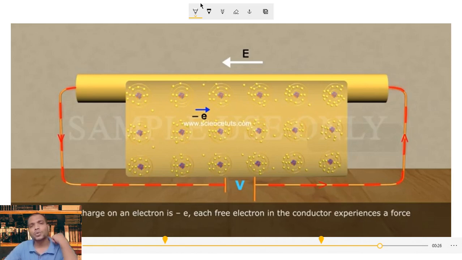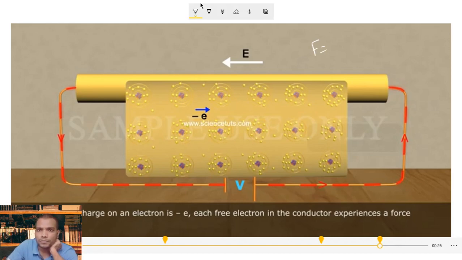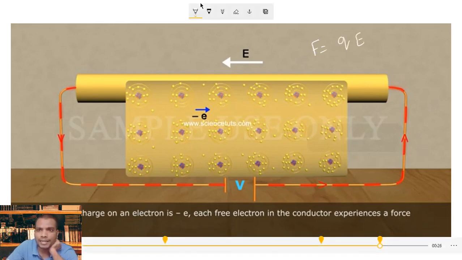So here I would like to write what is the force experienced by the electron. We know that force F equals QE, the product of charge and electric field. Here the charge is an electron, so I can write F equals minus e times E. I can write that force F equals Q times E, the product of charge and electric field.